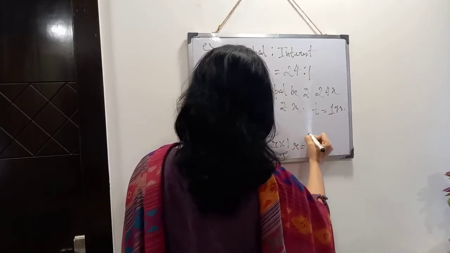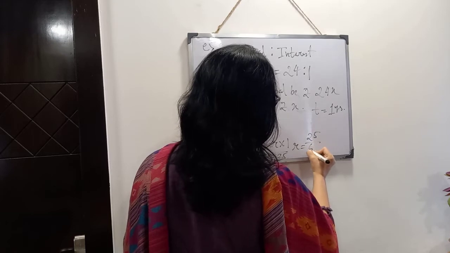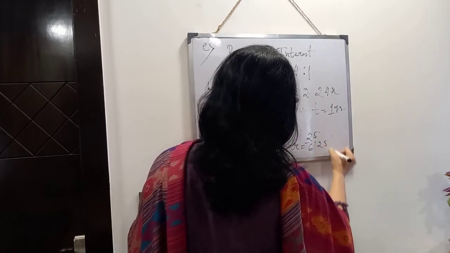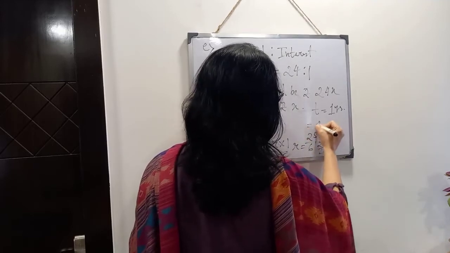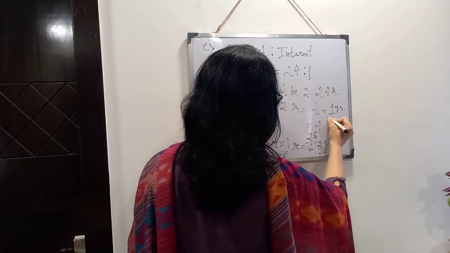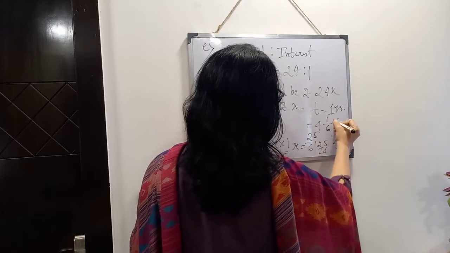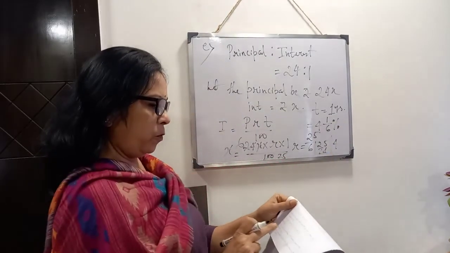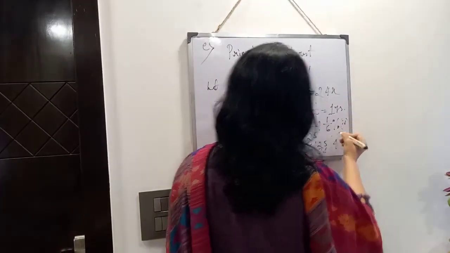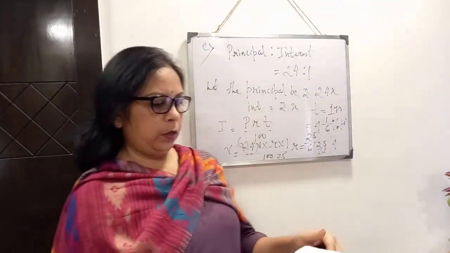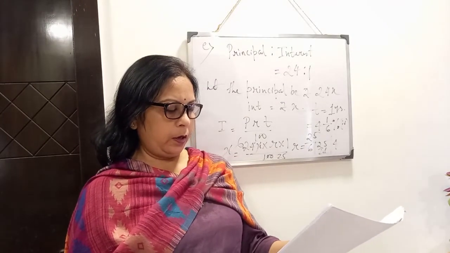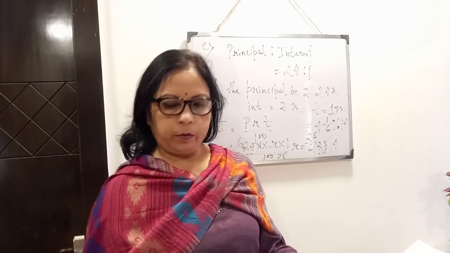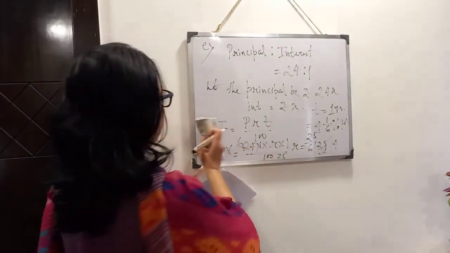So R is coming 25 by 6. So it is coming 4 whole 1 by 6%. Rate is coming 4 whole 1 by 6%. Option 4. Clear? So this was all the ABCDE MCQ part. Now I will be starting with short answer.